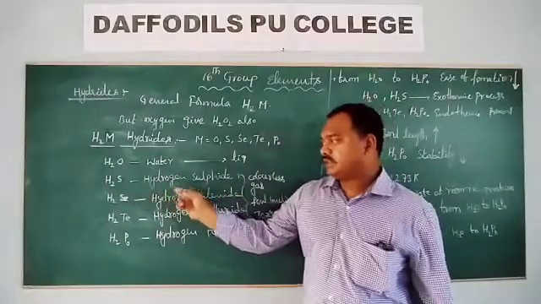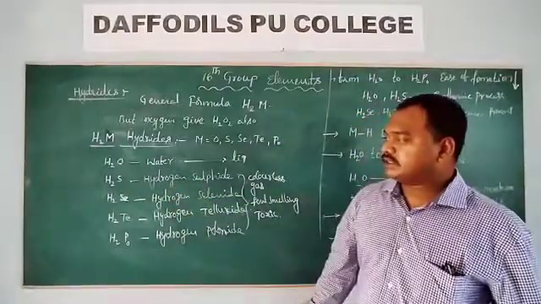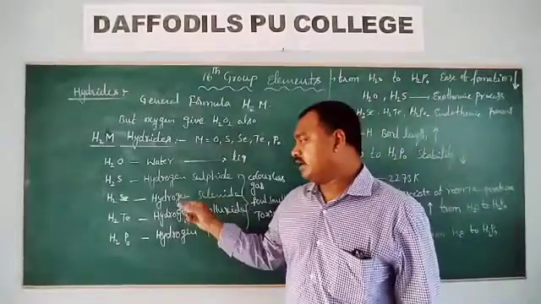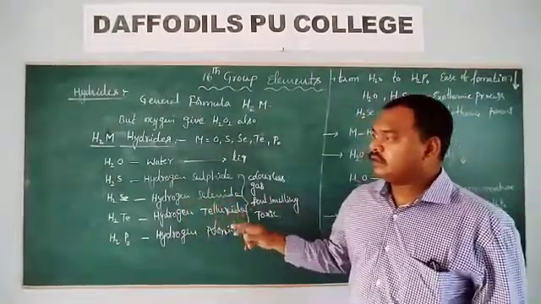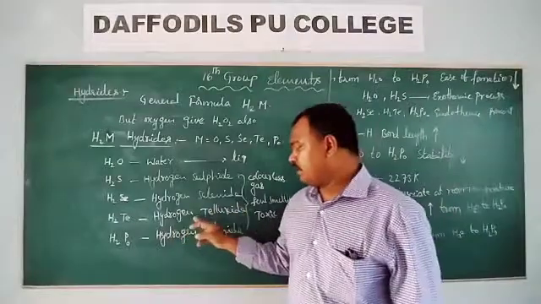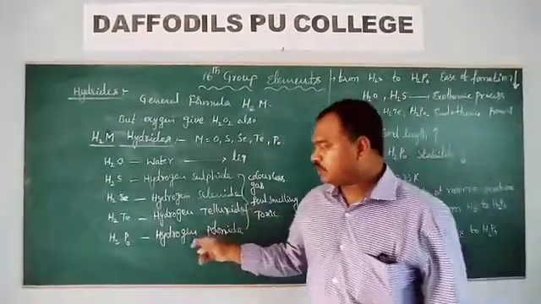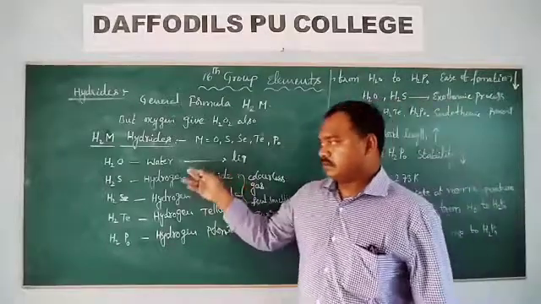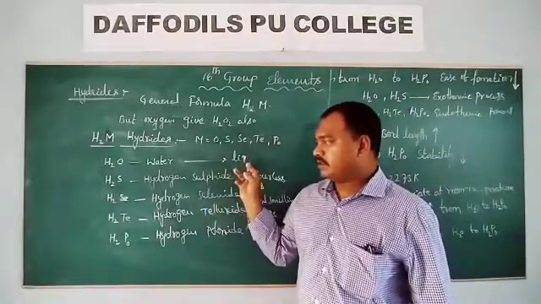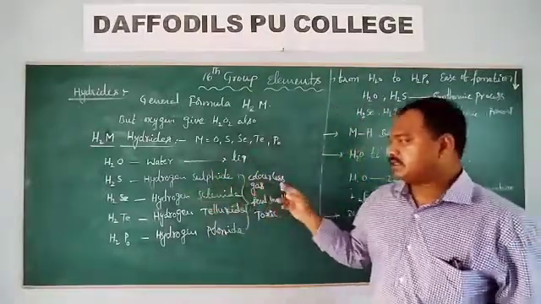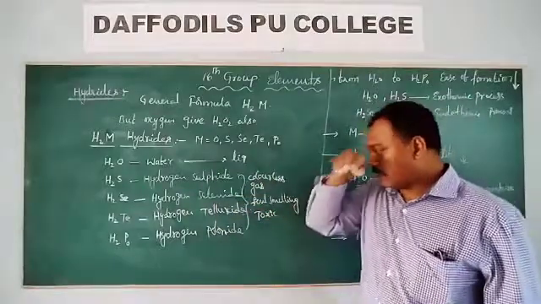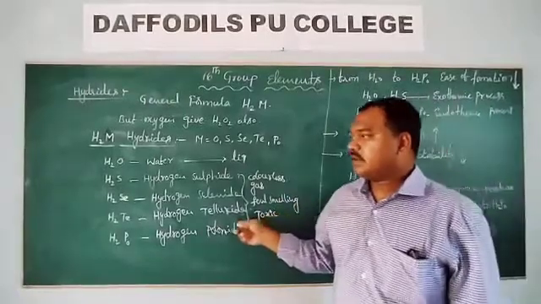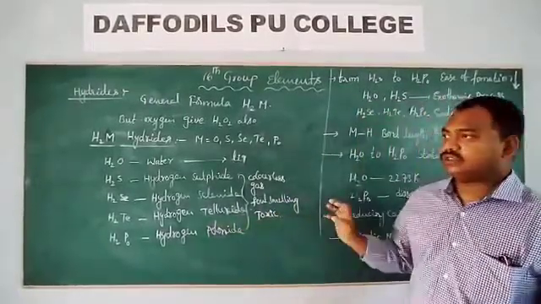This is H2S, hydrogen sulfide. H2Se hydrogen selenide. H2Te hydrogen telluride. H2Po hydrogen polonide. H2O is a liquid. H2S and the others are colorless, foul smelling gases, and they have a toxic nature.